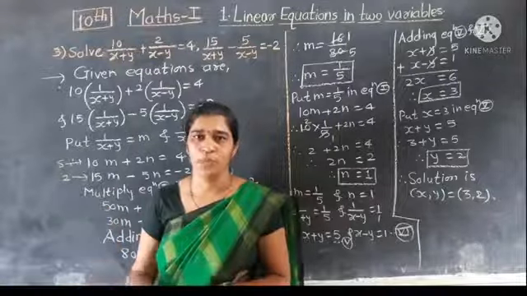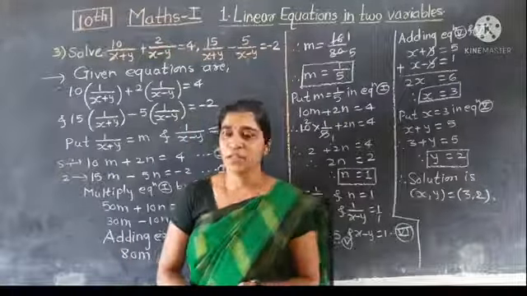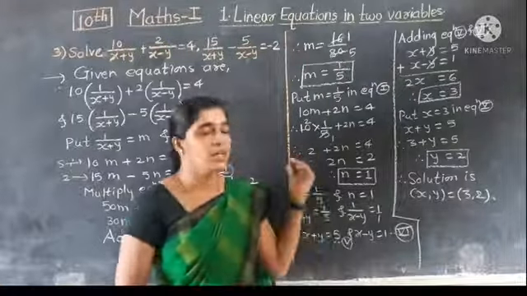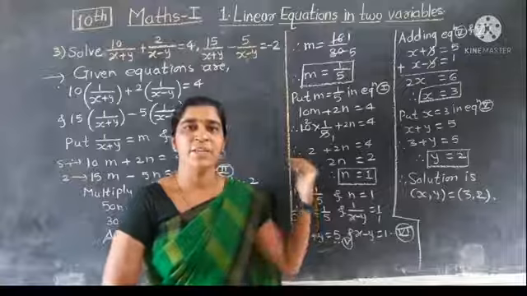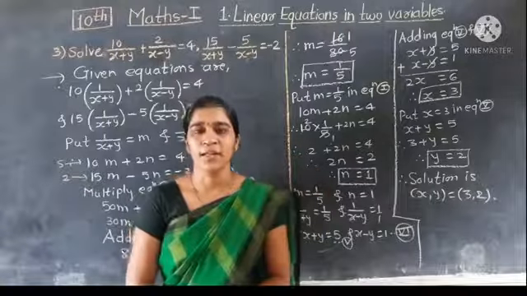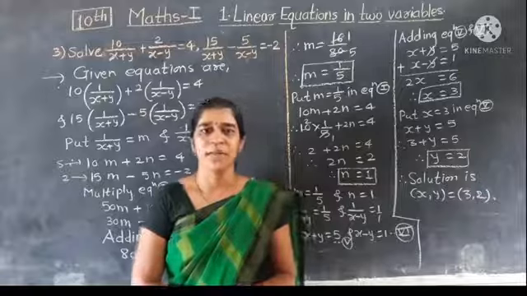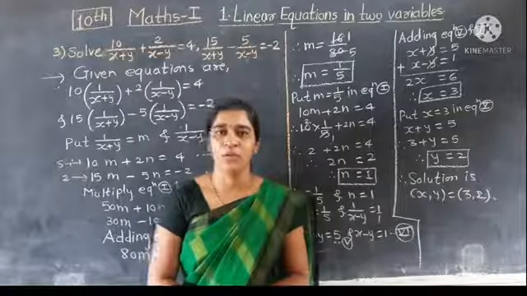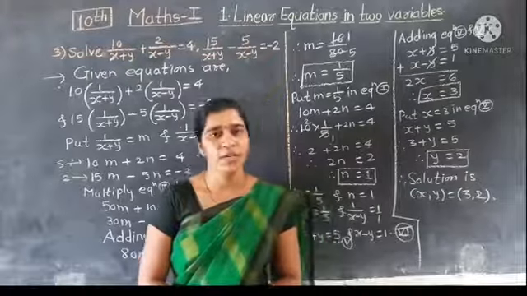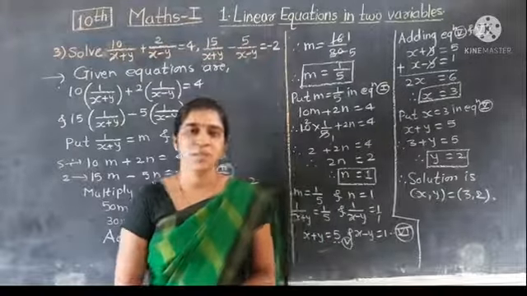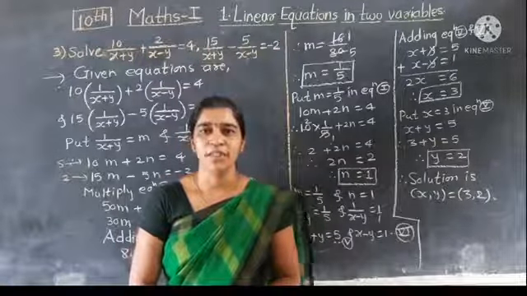Okay, so your today's homework is to try to understand all the examples in this video and solve the examples in the video also, and try to solve the examples in practice set 3.4, which is based on equations reducible to linear equations in two variables. There are only 4 examples. You can easily solve all these examples.